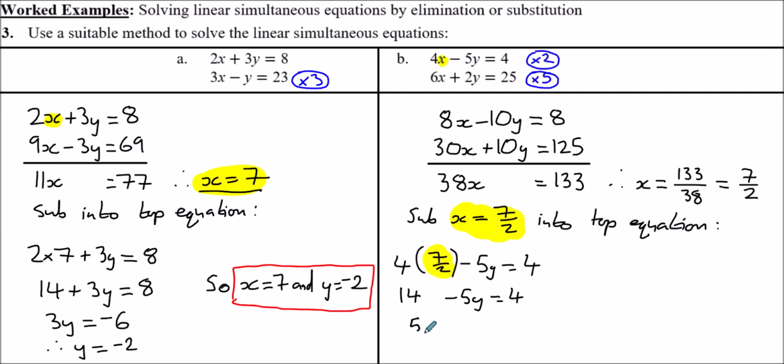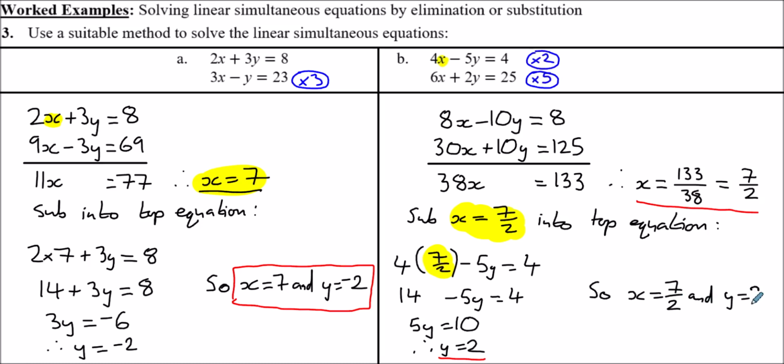We can rearrange this to obtain 5y equals 10. Therefore, y equals 2. So we know what x is, we know what y is. So the solution is that x equals 7 over 2, and that y equals 2 as well.